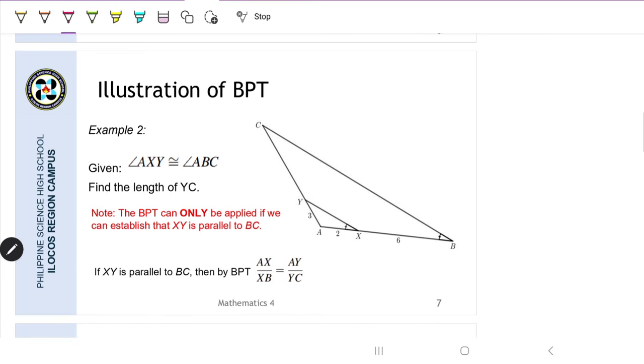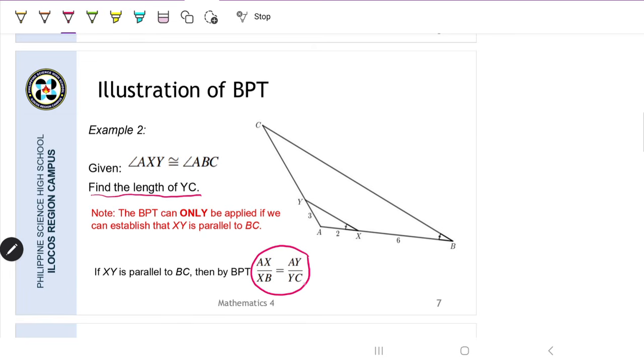For example 2, given the figure wherein the angle AXY is congruent to angle ABC, we are asked to find the length of side YC. So we can solve for the length of YC if we have this equation.